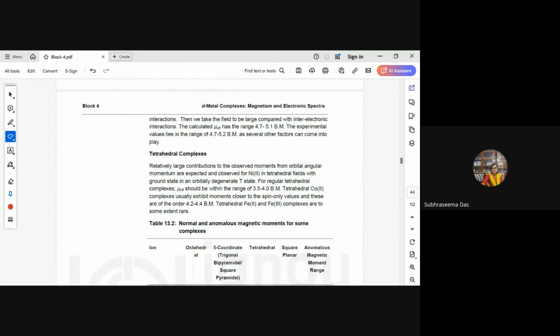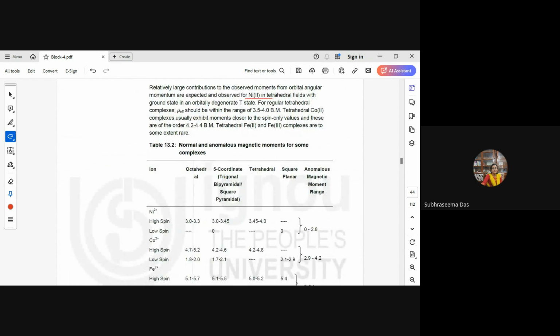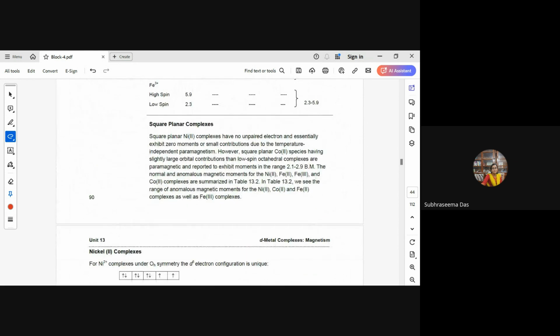Now coming to tetrahedral complexes, relatively large contributions are known from orbital angular momentum, and these are observed with Ni2+ in a tetrahedral field. Due to the contribution from other states, the expected contributions are influenced, and some of the normal and anomalous mu effective for some complexes have been shown in figure 13.2.